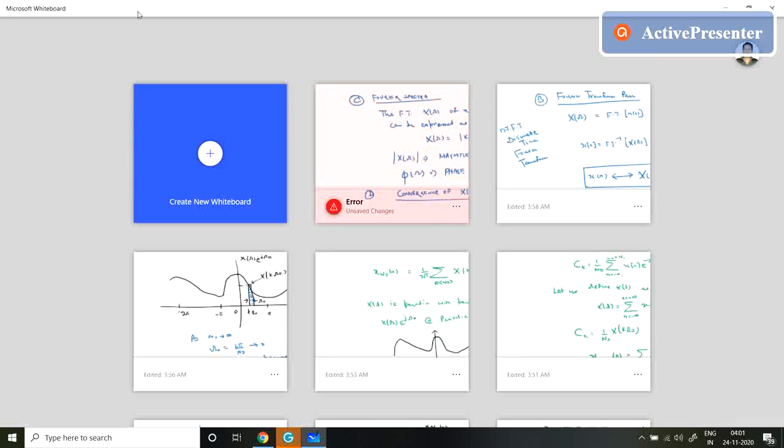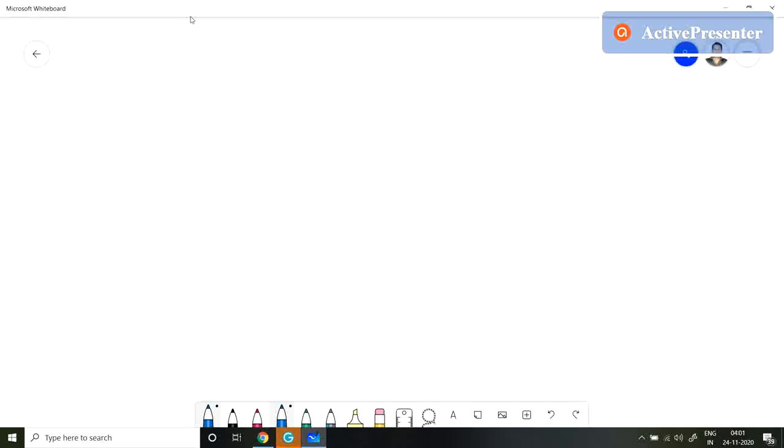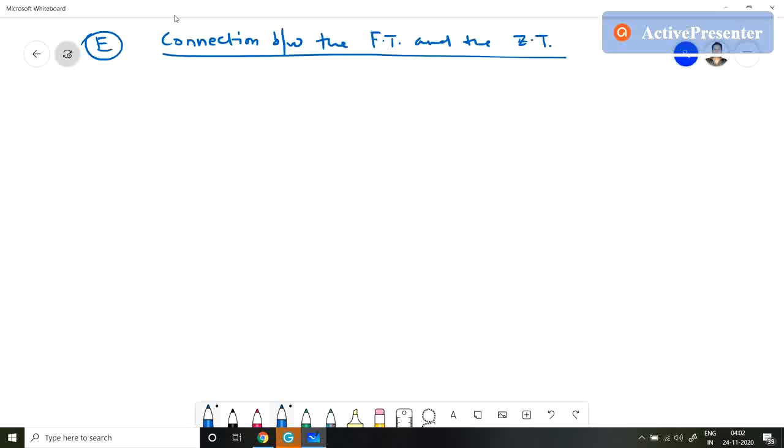So let us discuss the connection between the Fourier transform and the Z transform. We have X(Ω) equal to the summation n equals minus infinity to plus infinity of x[n] e raised to the power minus jΩn.